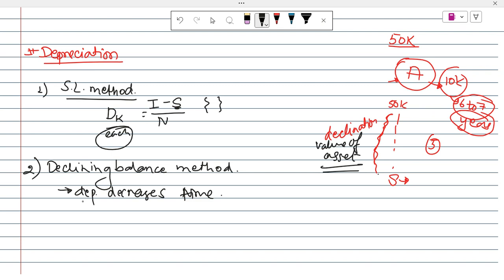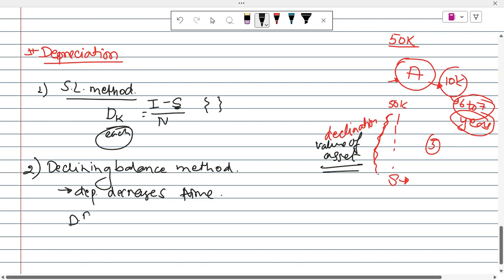Salvage value may not be a problem here. The depreciation rate is simply 100% upon n.